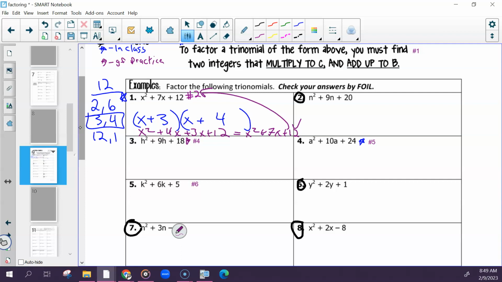Let's do another one, like 2. Think of factors of 20. 4 times 5. 2 times 10. And 2 times 1. Some of these will have a lot of factors, some of them won't. If we were to add these together, which ones would give us 9? 4 times 5.